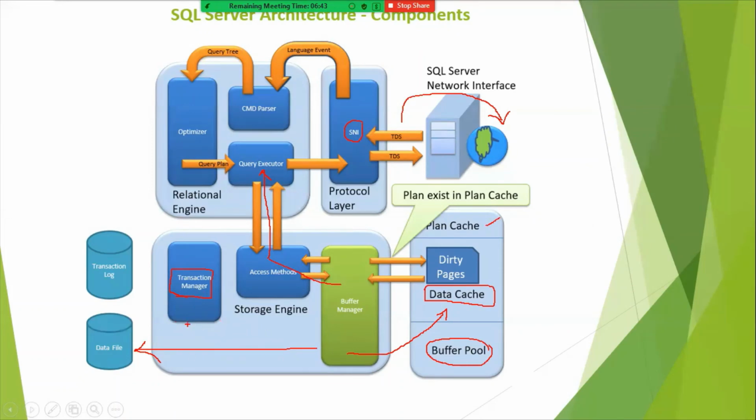For now, the transaction manager and the transaction log come into the picture with an update, insert, or any DML operation. For a select query, we will not write anything into the transaction log file. It is just a select statement where we read the data and get the result set to the client.